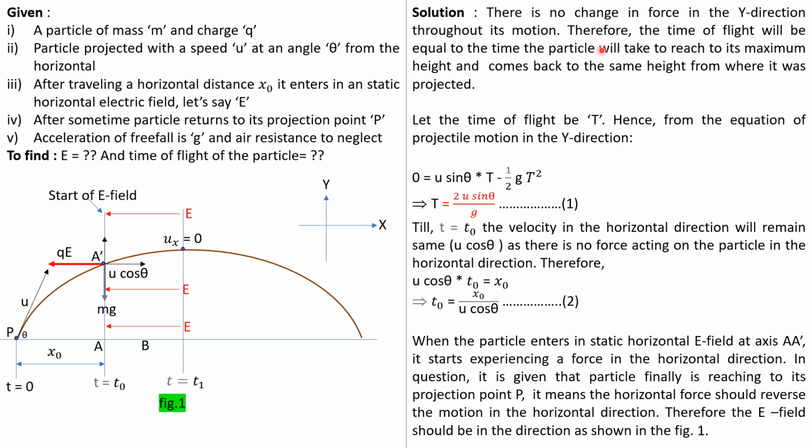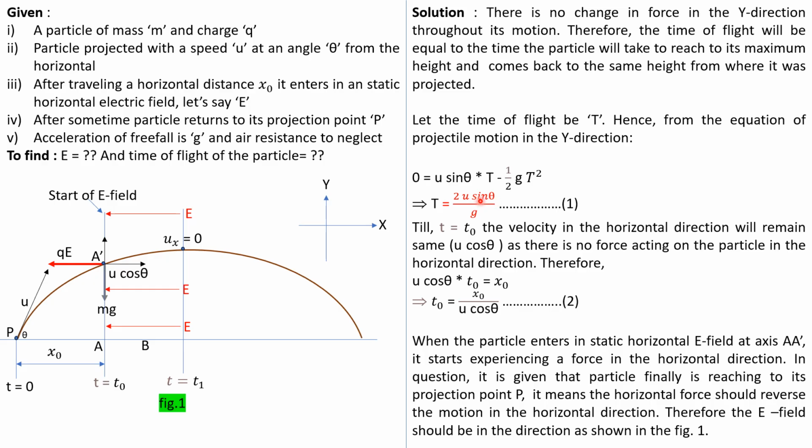therefore the time of flight will be equal to the time the particle will take to reach its maximum height and come back to the same height from where it was projected, because in the question it is given the particle finally returns back to the point from where it was projected.